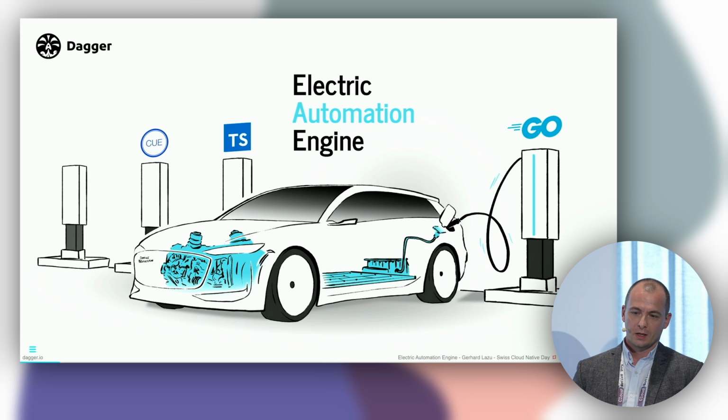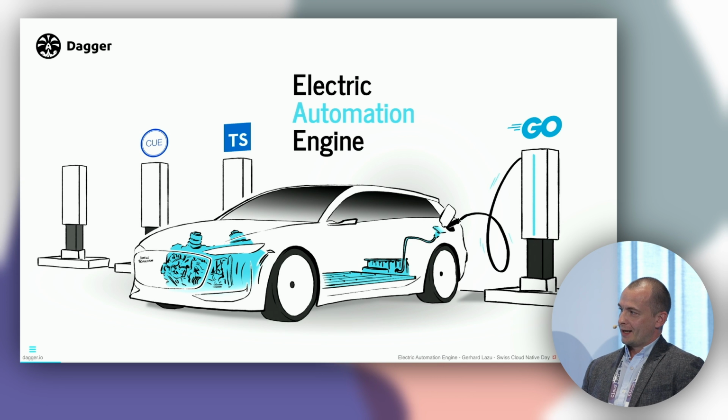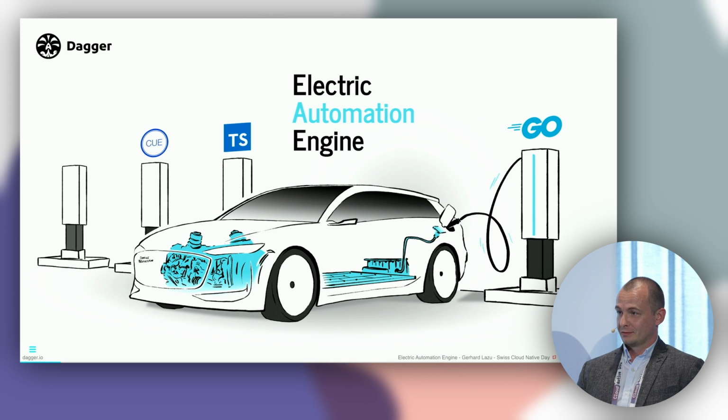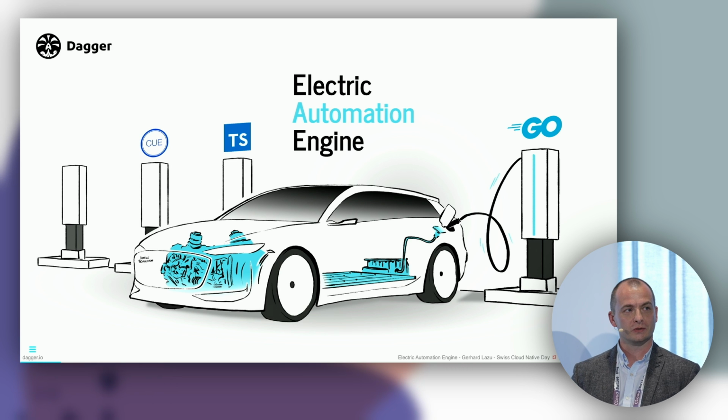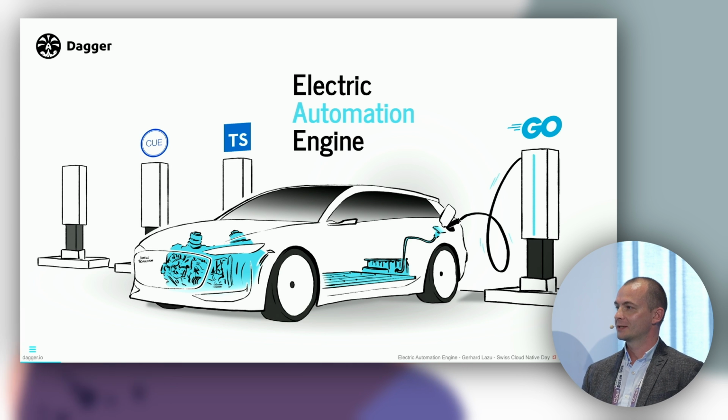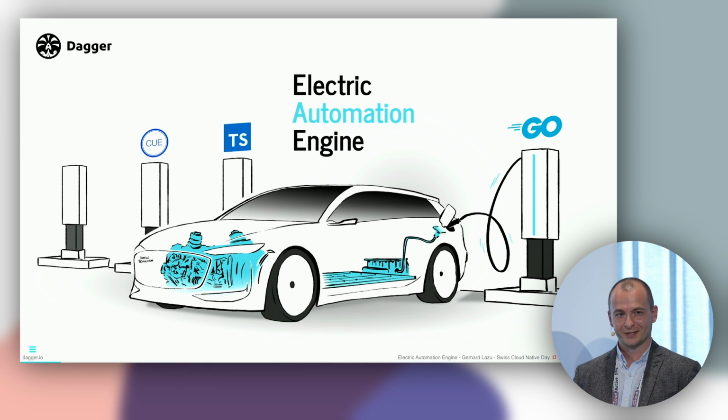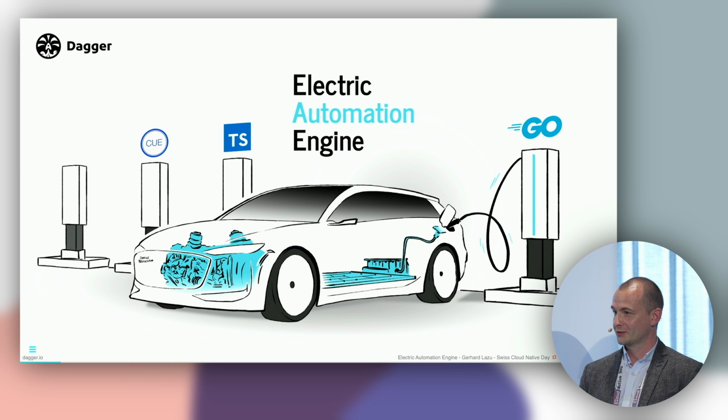OK. Today, I will be talking about an electric automation engine, which is how I think of Dagger, and a few others think of Dagger too that way. So why is this important? Well, sustainability keeps coming up. As Johan knows, some are more committed than others. And it is an important thing.